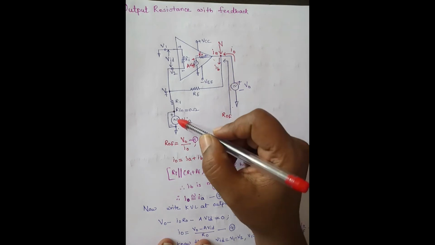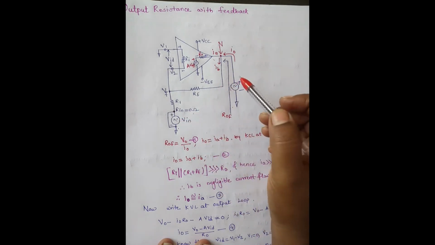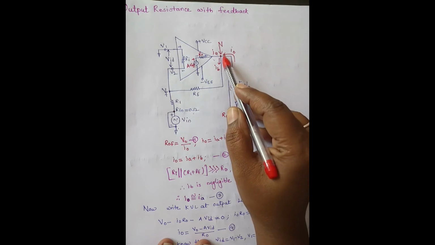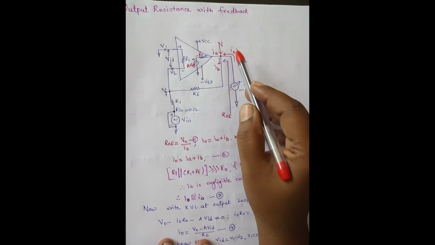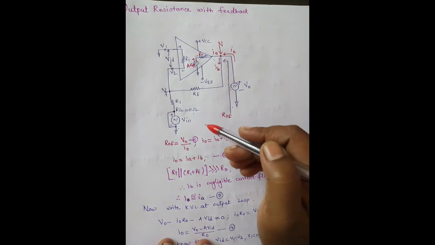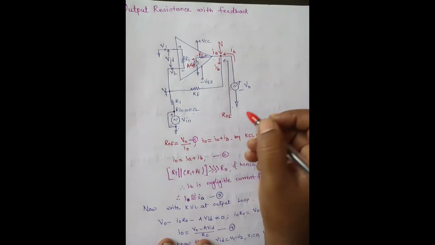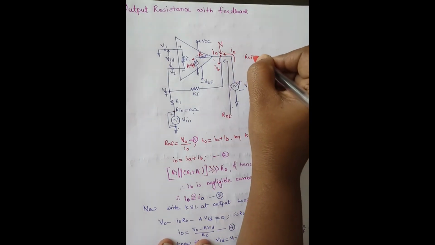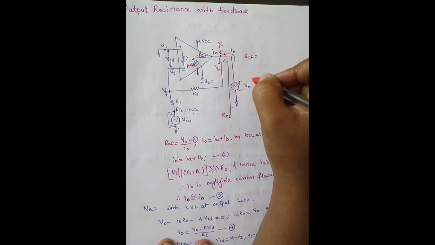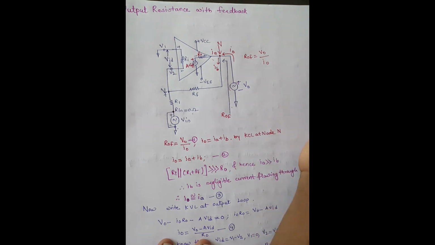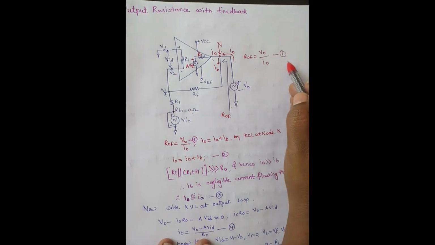So Vin will become equal to 0 and V0 is provided by this output voltage source. There is one current flowing into the output terminal, that is I0. Now to find this output resistance, how can we write the equation for output resistance with feedback? Output resistance with feedback is the output voltage divided by output current, that is V0 by I0, and this is our first equation.